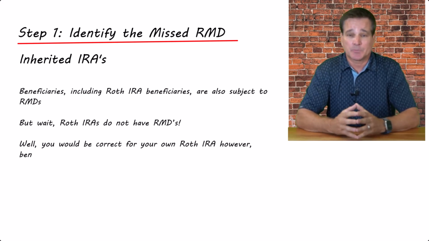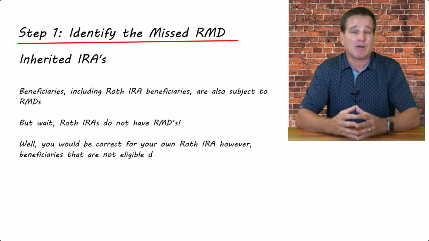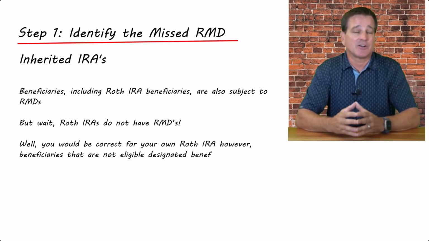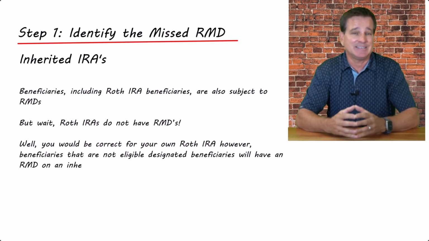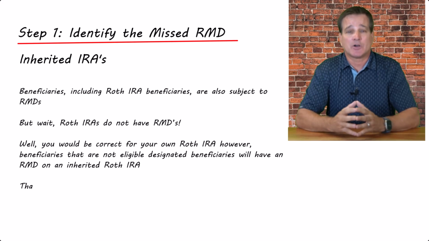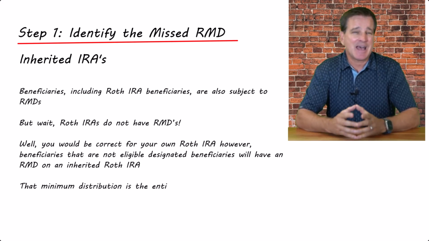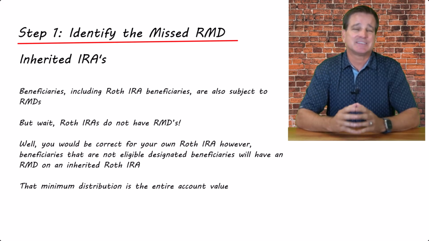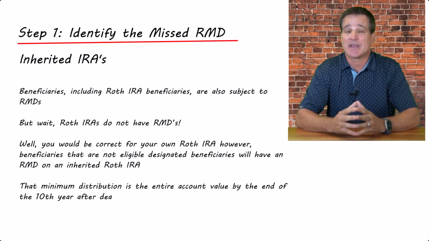You are 100% correct for your own Roth IRA. However, beneficiaries that are considered non-eligible designated beneficiaries, NEDBs, will have an RMD on an inherited Roth IRA. And that minimum distribution, by the way, is the entire account value by the end of the 10th year after death. So keep that in mind.